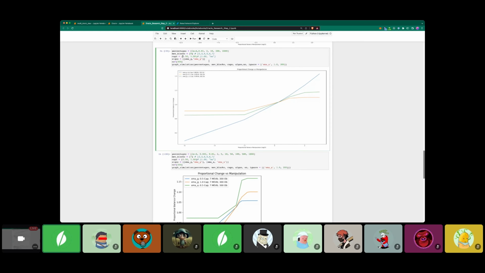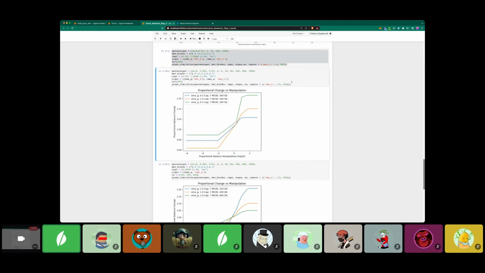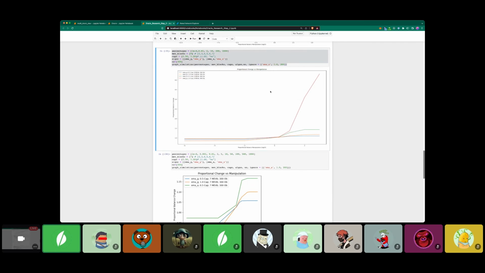Now let's quickly showcase what this looks like with the arithmetic. You can see that with the arithmetic, with a 100% cap, we're looking at an increase of up to 350%. So for this reason, I still feel comfortable going with the geometric over the arithmetic, even with a cap in place.